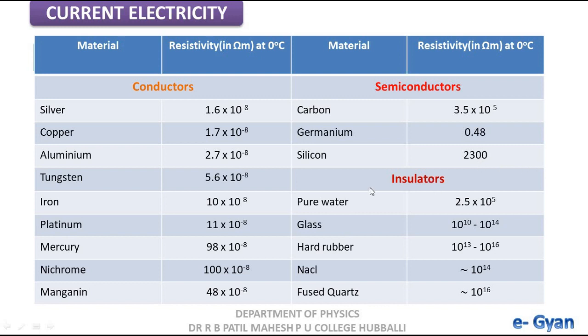And for insulators, for pure water it is 2.5 into 10 to the power of 5 ohm meter. For glass it is 10 to the power of 10 to 10 to the power of 14 ohm meter. For hard rubber it is between 10 to the power of 13 to 10 to the power of 16 ohm meter. For sodium chloride it is approximately equal to 10 to the power of 14 ohm meter, and for fused quartz it is approximately equal to 10 to the power of 16 ohm meter.